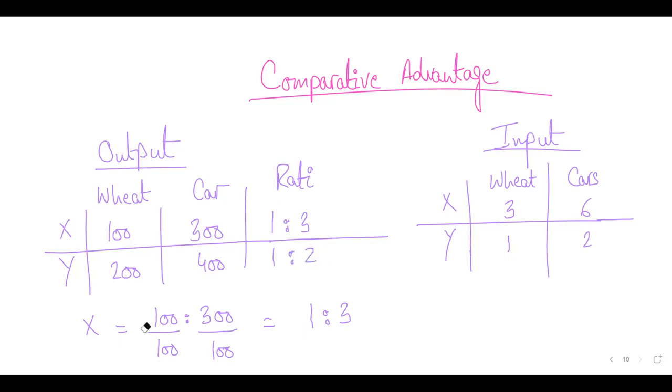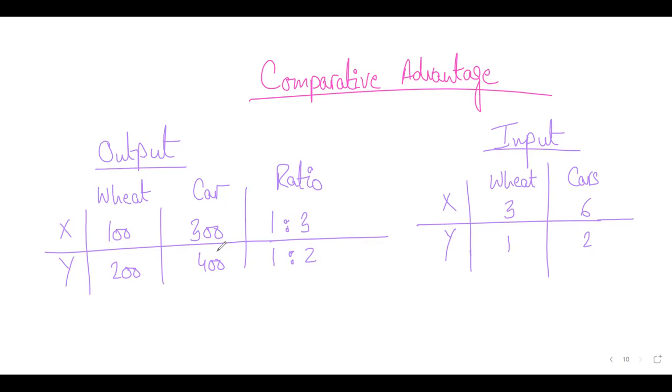Now you tell me, which country has comparative advantage in which thing? Andre, you tell me. So these are ratios. For wheat, X has to give up 3 units of cars, Y has to give up 2 units of cars. So Y can produce wheat with lower opportunity cost, only has to give up 2 units of cars, whereas X has to give up 3 units of cars.